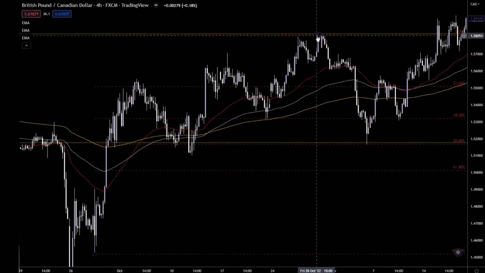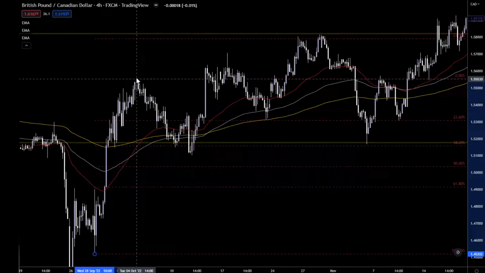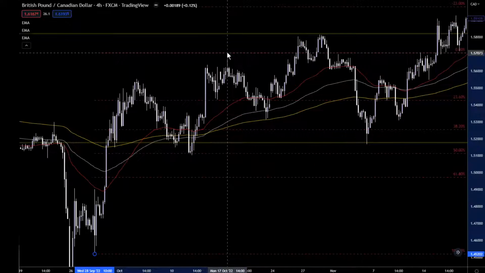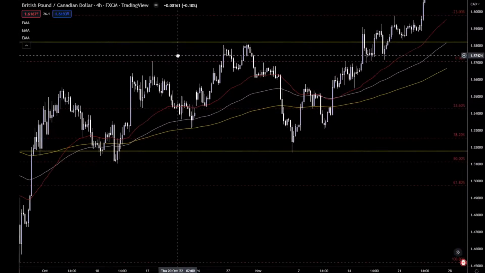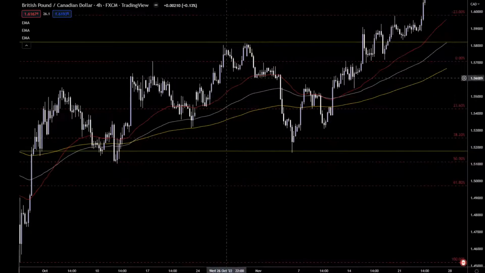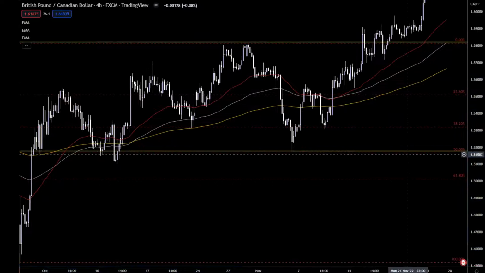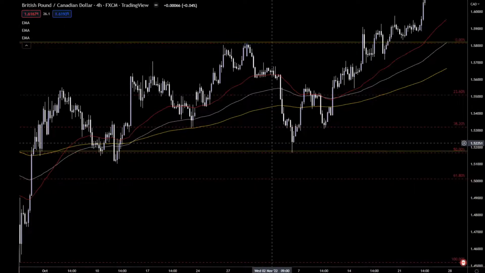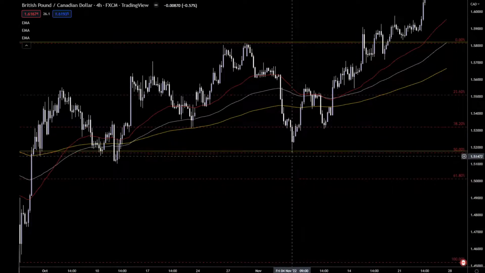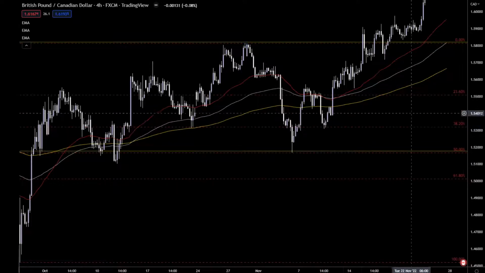So that 50 fib was perfect. We got a couple of perfect moves here from fibs on the way up. So we got the 38 there. Not much information given really on that high, but that high is a perfect 50. 38 gave, 50 gave, 38 gave again.